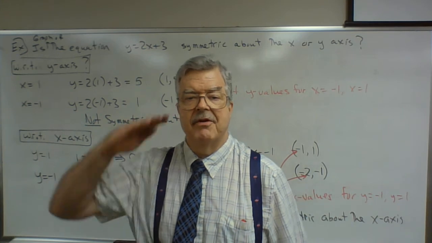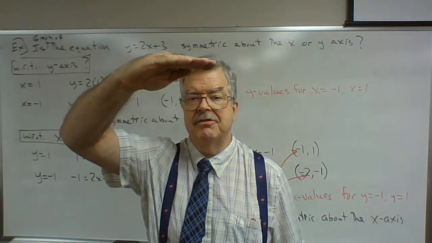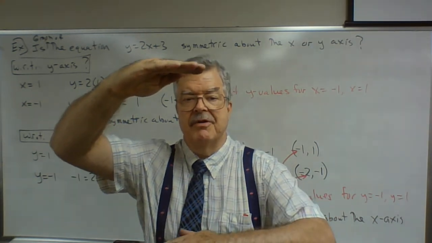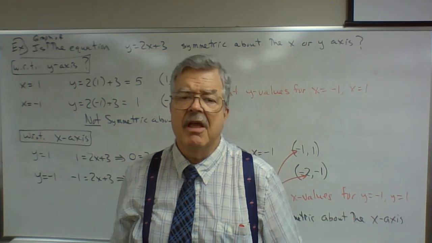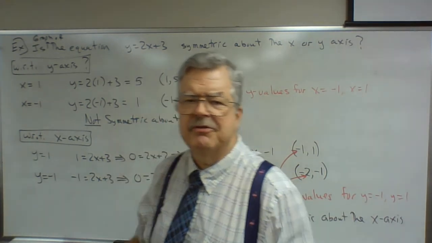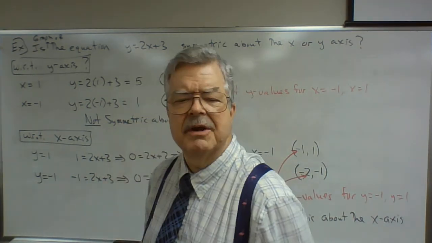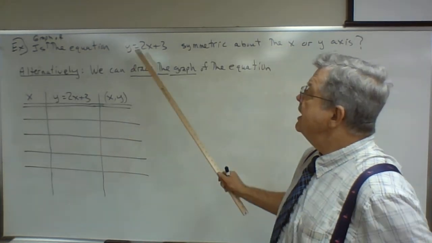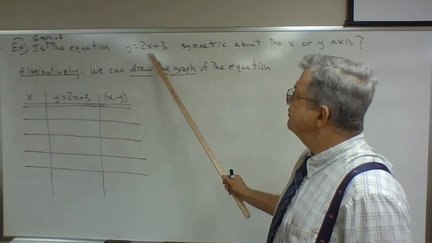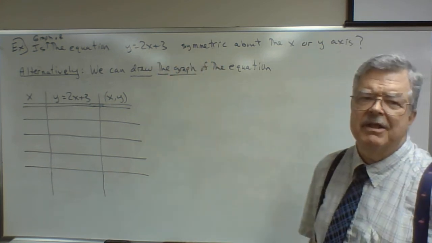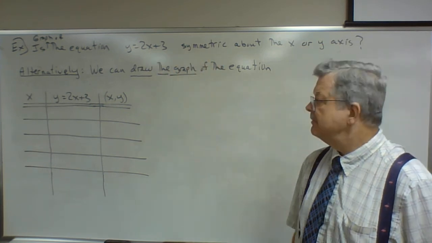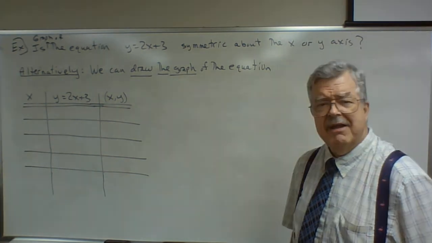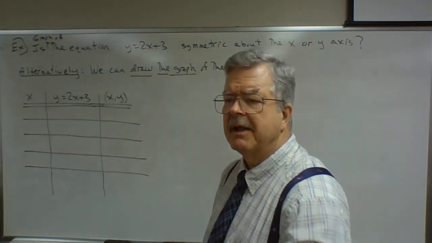Is the portion of the graph above the x-axis the mirror image of the portion of the graph below the x-axis? Let's take that approach. Let's do this all over again, but let's do it graphically. Another way that we can see if the graph of this equation is symmetric about either the x or the y-axis, just draw a graph of the thing and see what it looks like.